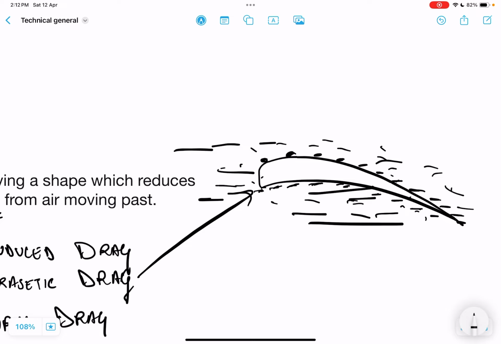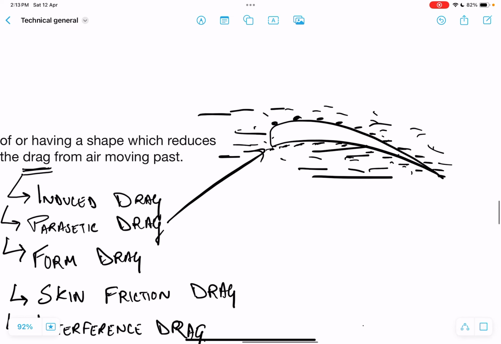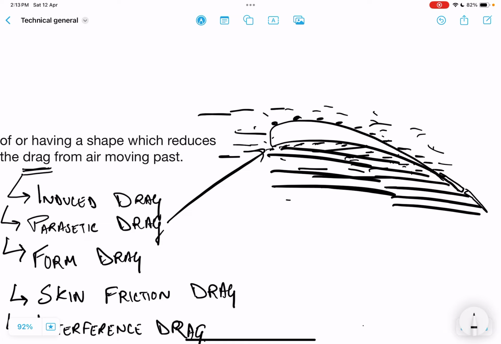And same goes with the interference. Now, interference is what? Drag caused by the interjunction of the airframe. So let's suppose you were landing and you put on your flaps. Now what is the flap going to do? It's going to create a steeper, more area above the aircraft, so that the wing has more space to deflect the air that is coming along.